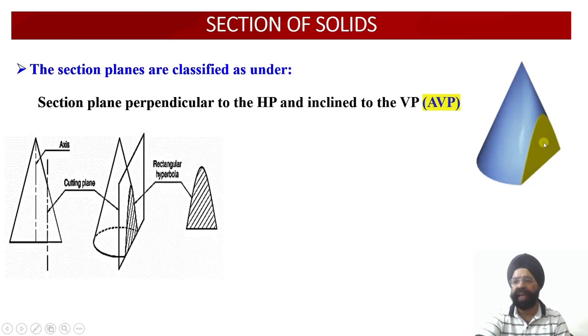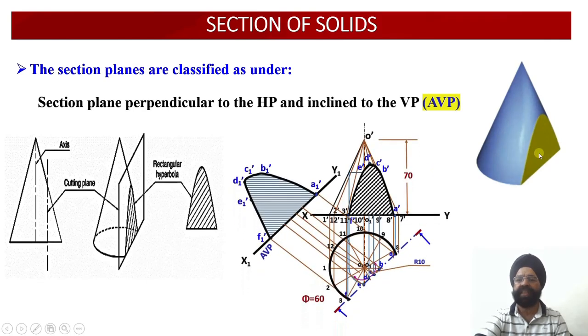Whenever a cone is cut parallel to its axis, the true shape of the cut section will be a rectangular hyperbola. This we have already discussed in the first lecture on sections of solids. These are all the conic sections, right?